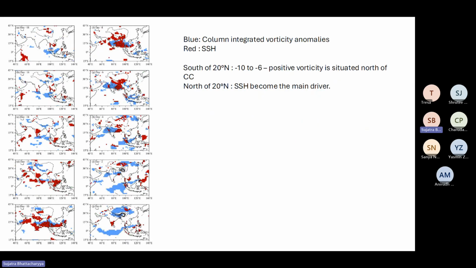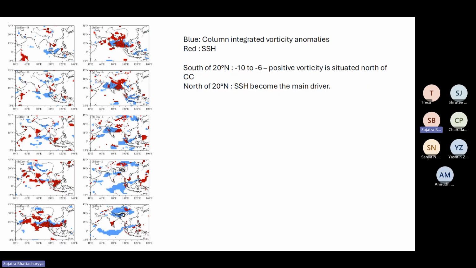And here are the column-integrated vorticity anomalies, which are in blue. And here the red one shows the surface sensible heating. Again, if we see around this region, when the convection center is around 14 degrees north, this blue part is a little bit ahead of the northward propagation, and when it reaches 20 degrees north, this sensible heating picks up.